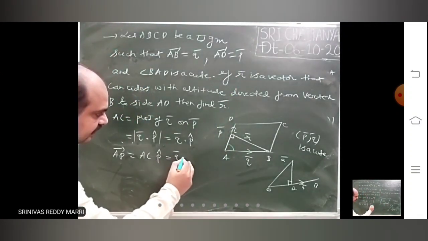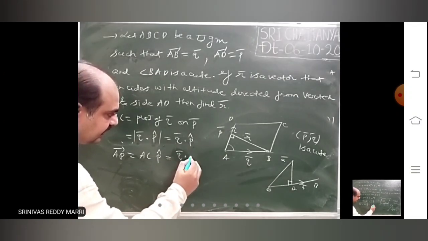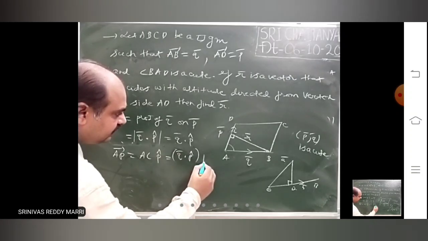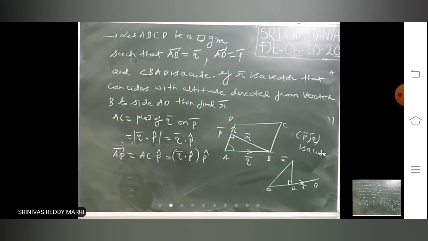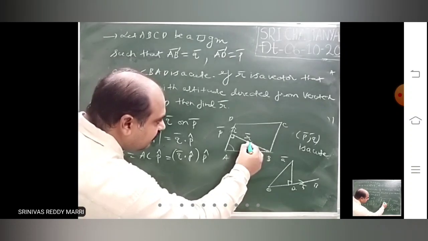That means this is nothing but Q bar dot P cap, that length, into the unit vector along that direction. So AP bar I got. And from the triangle ABP, BP bar is R bar, which you want.